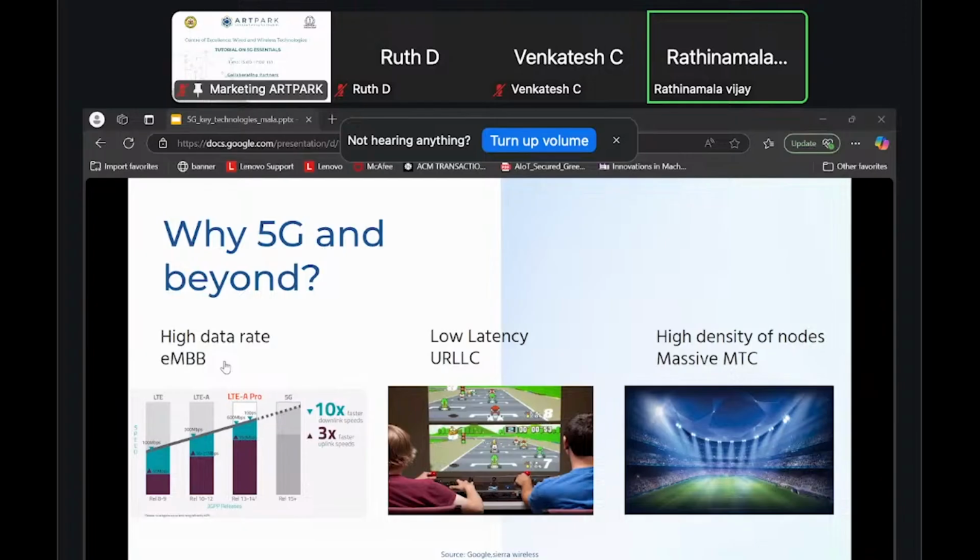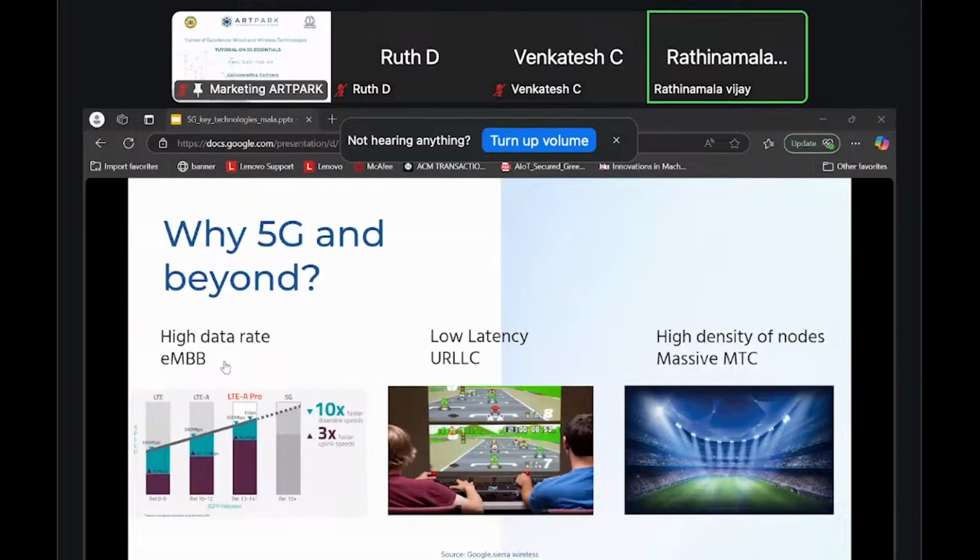So overall, we can summarize at a very high level that the new generation cellular network should be able to provide higher data rates for enhanced mobile broadband, low latency for gaming, remote surgery, and remote industrial control operations, and high density of nodes, such as mega gatherings at a stadium, should be supported.